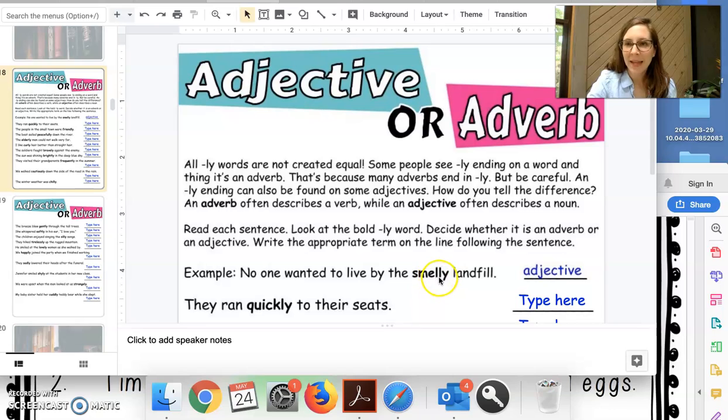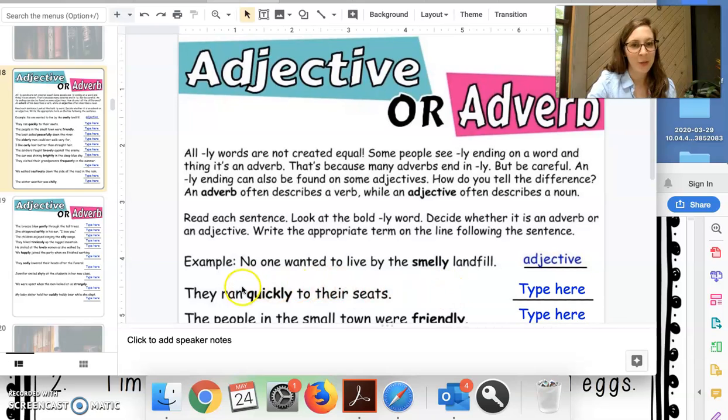So the word smelly does end with an ly, and we have our base word smell. Well, this one, we actually just add a y to make it smelly. But we're not describing how the people are living. We're describing the landfill. What kind of landfill? It's a smelly landfill. So smelly is an adjective.